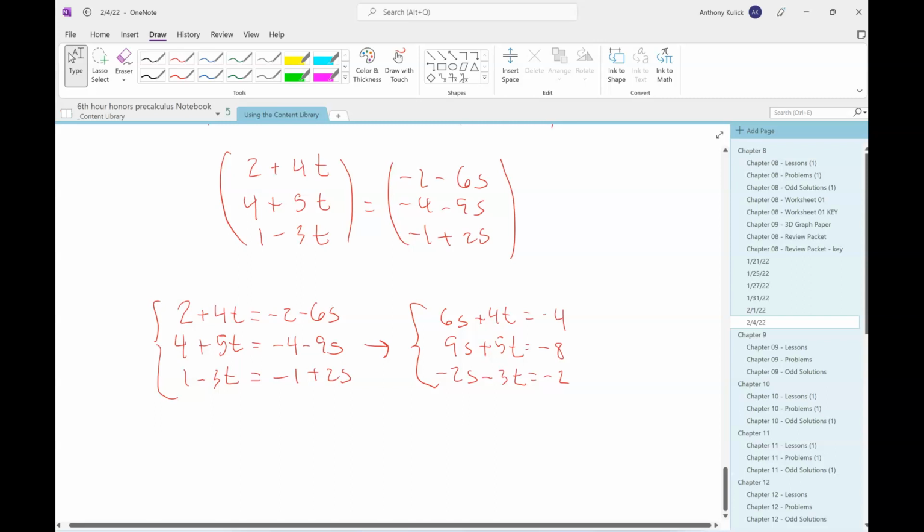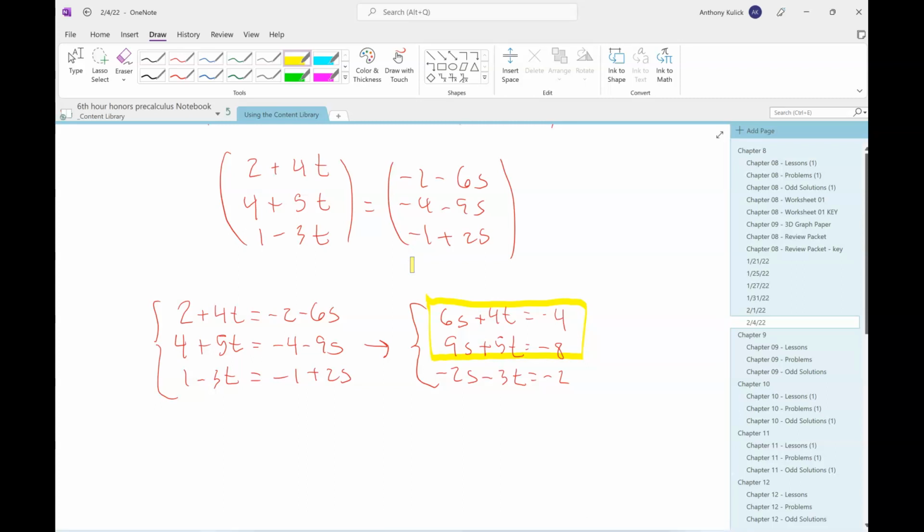How many equations do we have? Is that too many equations? Yeah, right? We only need 2 equations to solve 2 variables. So I'm only going to bother with the first two equations, that's the system I'm going to solve.